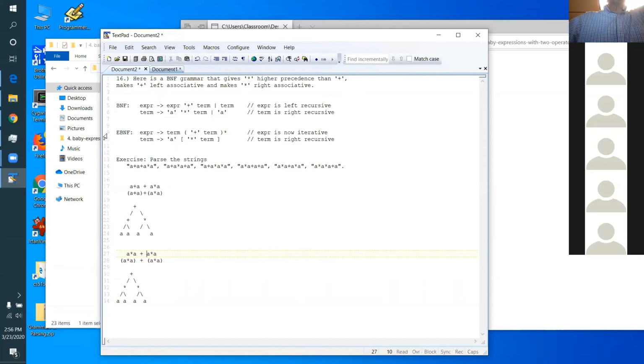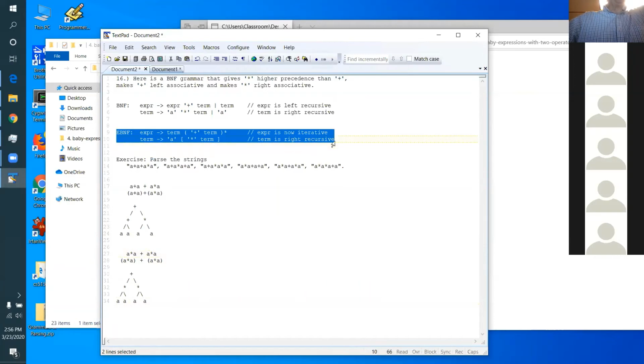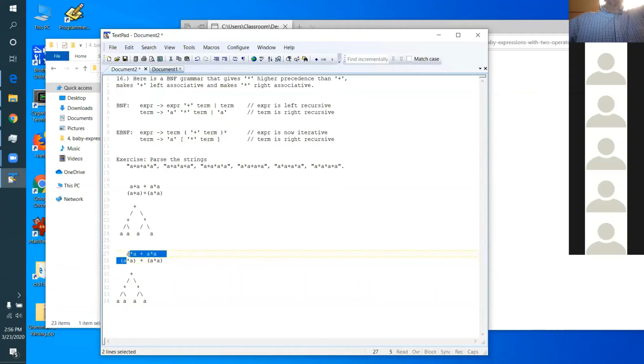Now let's try parsing it using the grammar. Let's go through this guy using this. An expression is a term. So we go down here, and expression is a term, and a term is an A. There's our A. But a term is an A with an optional times term. There's a times there.